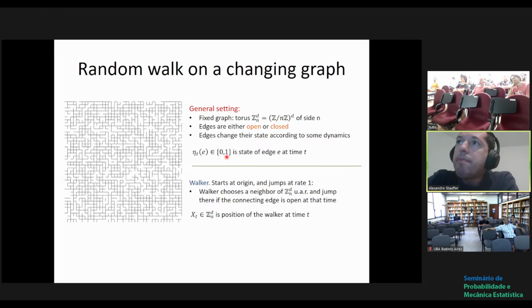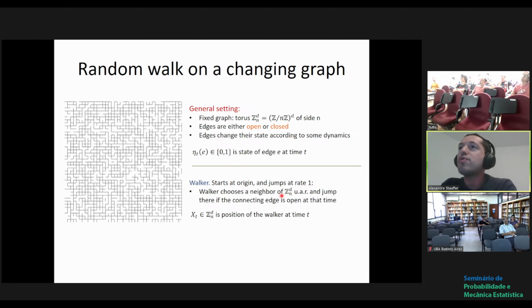And on top of this picture, this is going to be our environment. On top of this, we're going to put a walker which walks on this graph. So it starts at the origin, or in a general graph setting, you could say you start from some given vertex, and then the walker jumps at rate 1. It's in continuous time, so even the dynamics on the graph, we take it to be in continuous time. So the walker has a Poisson clock of rate 1. When this clock rings, the walker chooses a neighbor on the graph.